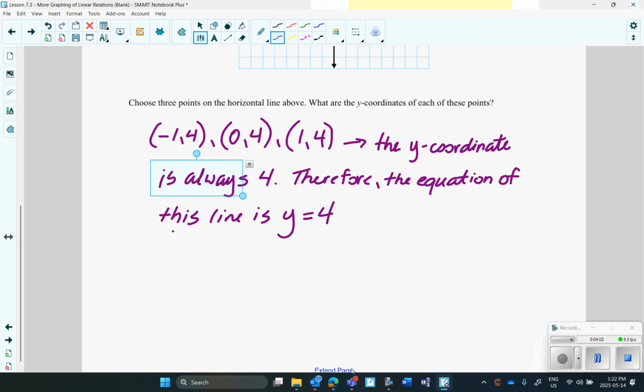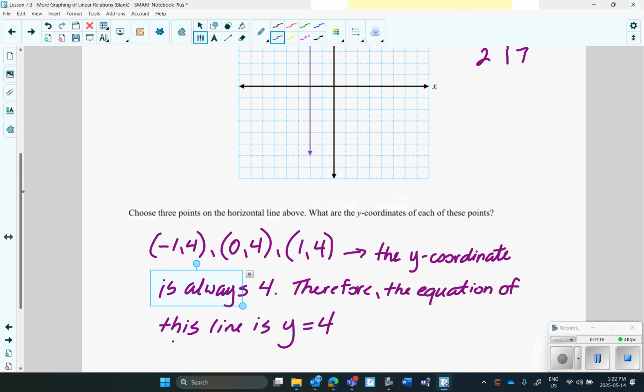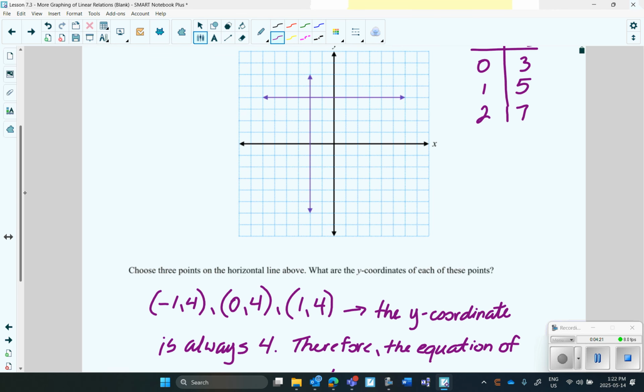Notice it doesn't have an x in it. It's just an equation that has a y in it. So anytime we have a horizontal line, find the y coordinate, and that's the name of the equation. So this is y equals 4.